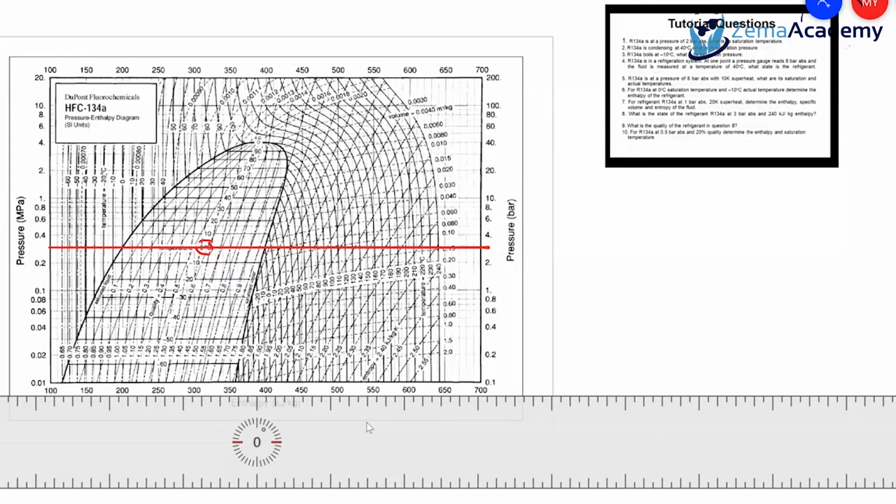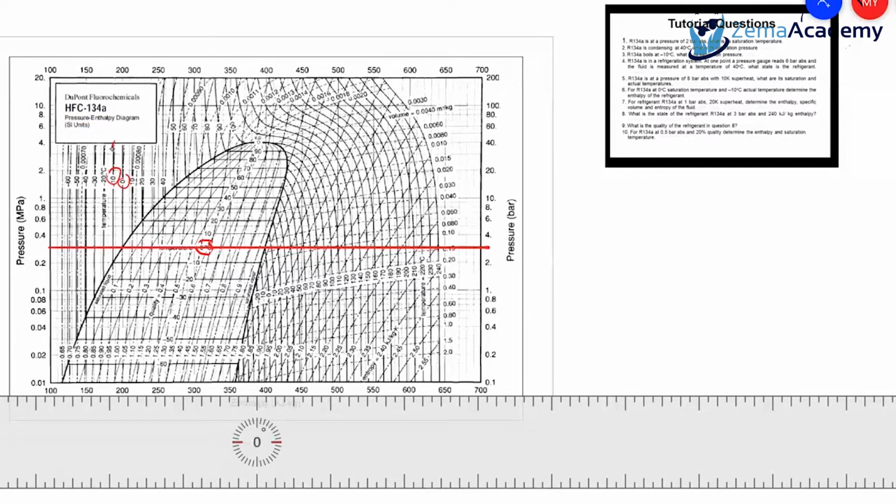So we are in the evaporator, so we are in the subcooling region. Where is minus 10? We are in this region. If you follow minus 10, 0 is here and minus 10 is here.